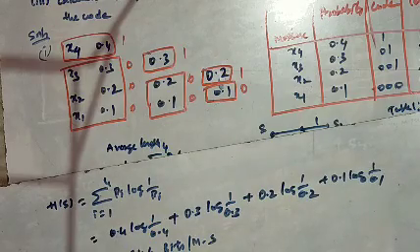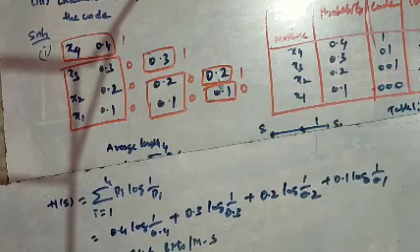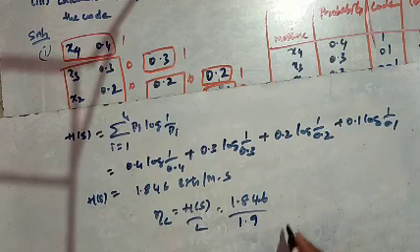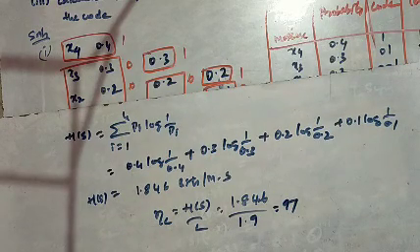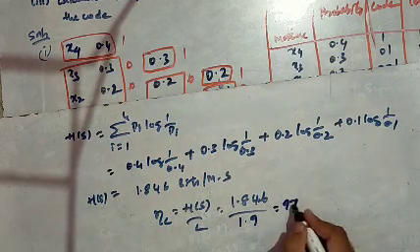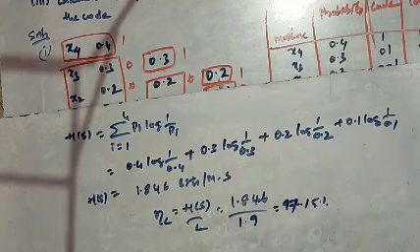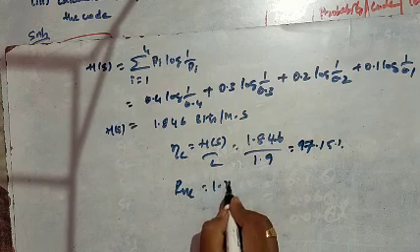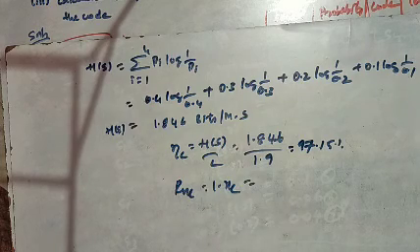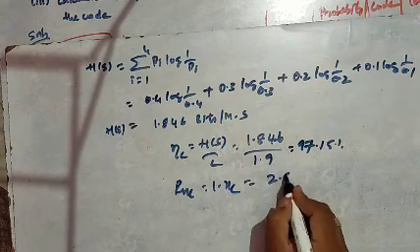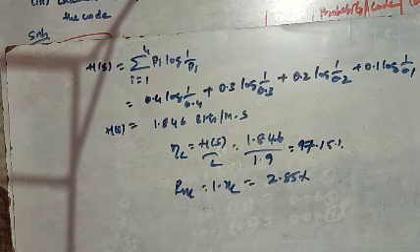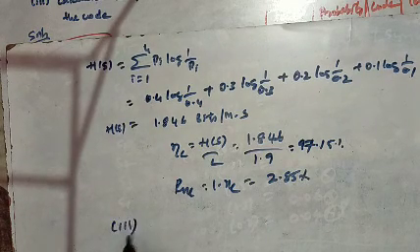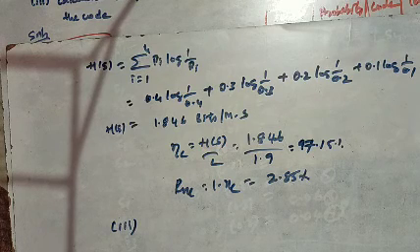With this, the efficiency is 97.15%, and the redundancy, which is 1 minus the efficiency, is 2.85%. Next we have to find the probabilities of zeros and ones.